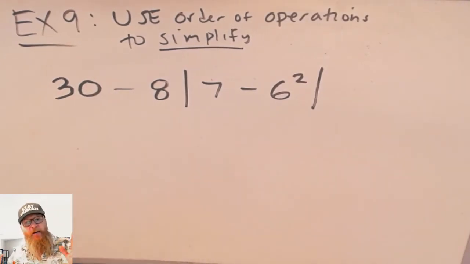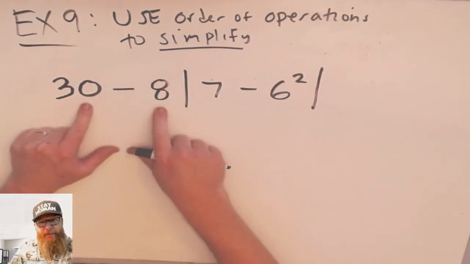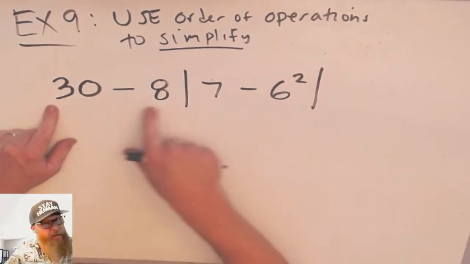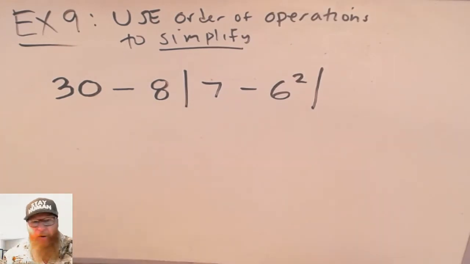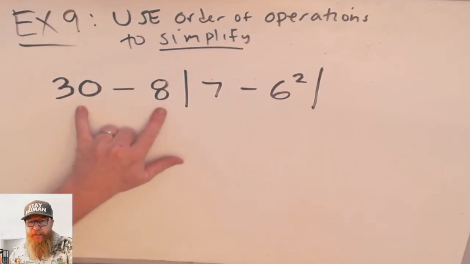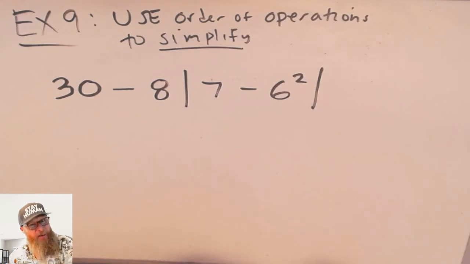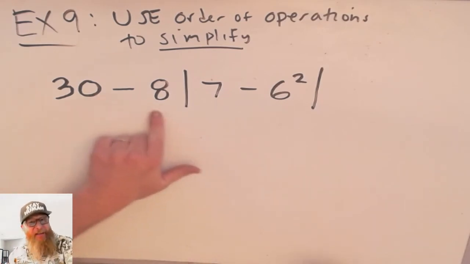All right, the first thing I want to mention, this is bait. Don't take it. If you go 30 minus 8, you've just ruined the whole problem and there's no coming back. It's just wrong. You won't be able to save yourself. So that's the first thing. The subtraction is at the very bottom of the order, so this will happen very last.